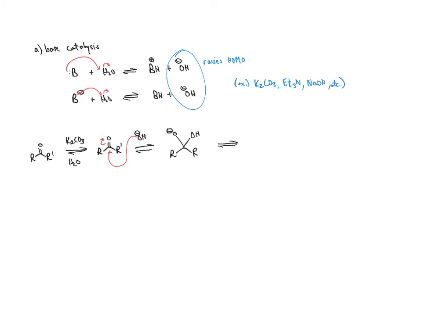Notice all of these reactions are reversible. The anionic intermediate can then attack the water again to regenerate OH minus, and so OH minus is truly going to be a catalyst here. We can go back to the beginning and do the reaction all over again.